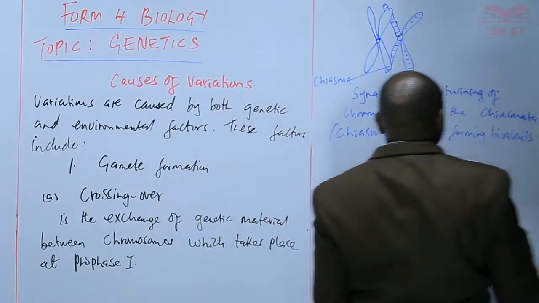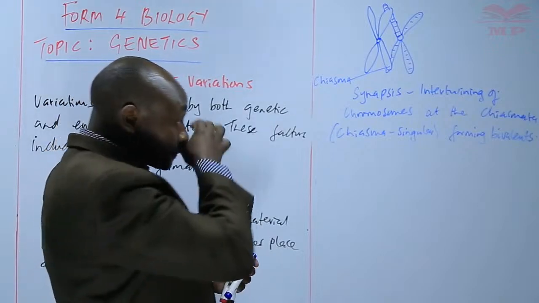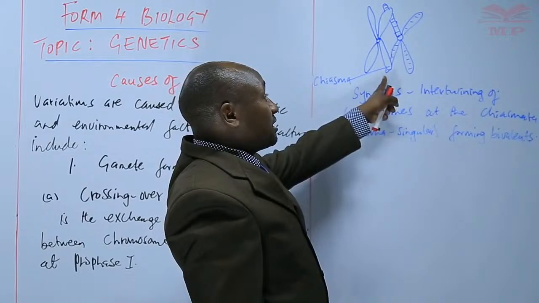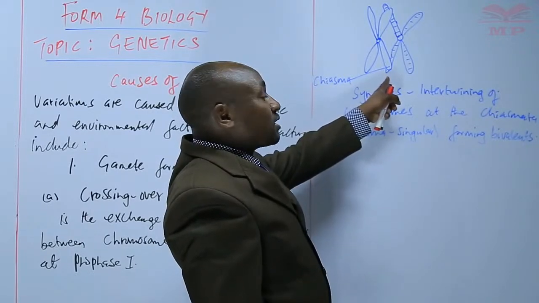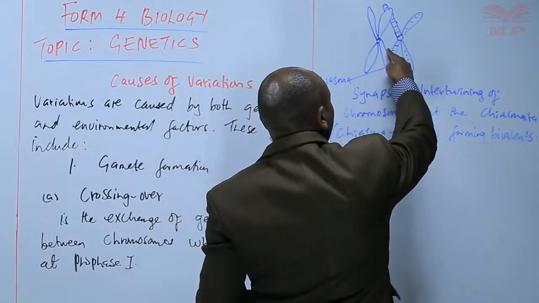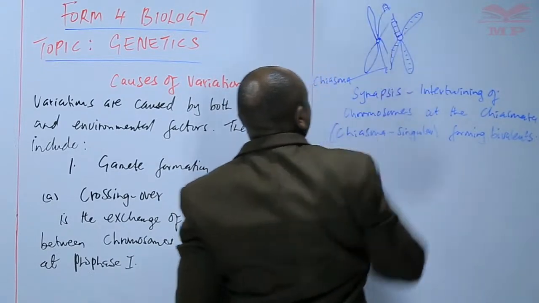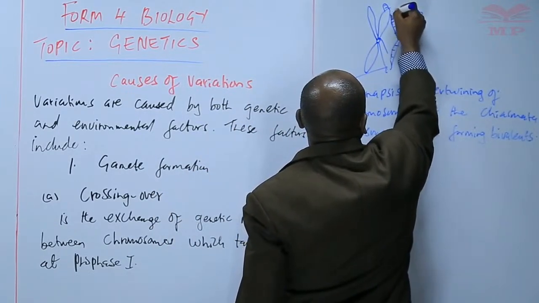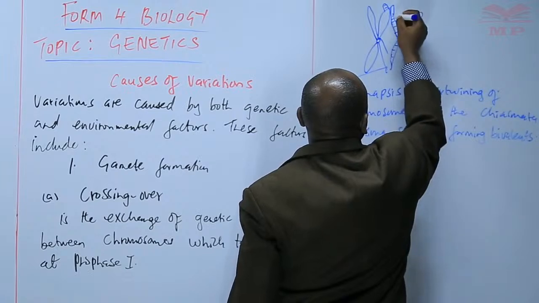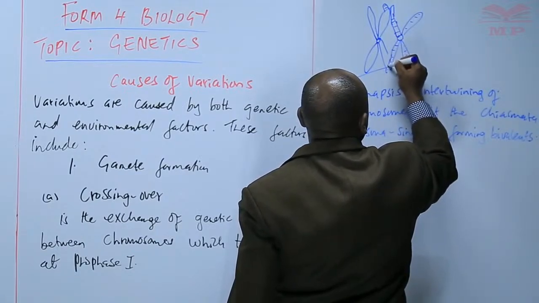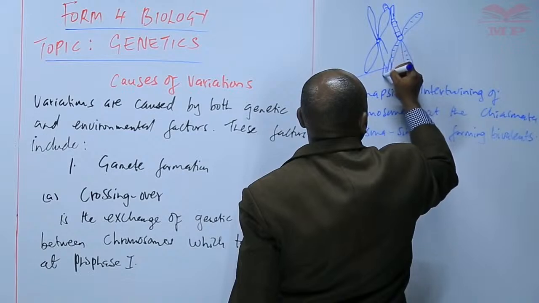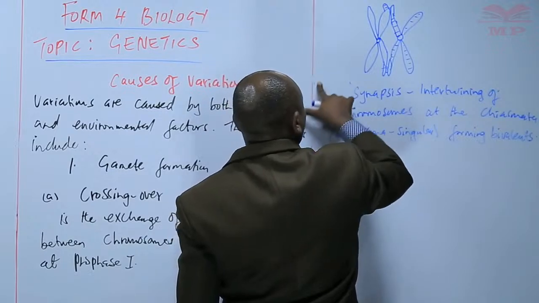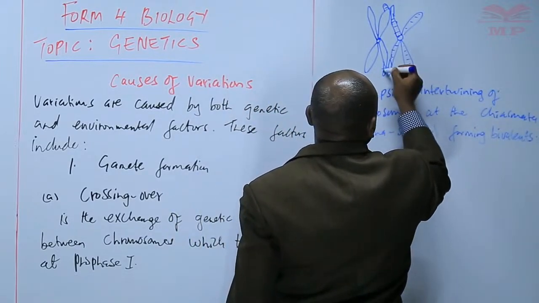So after intertwining, an exchange of genetic material will take place, such that when they reach the point whereby they separate, we can now remove the chiasma. They have broken apart.